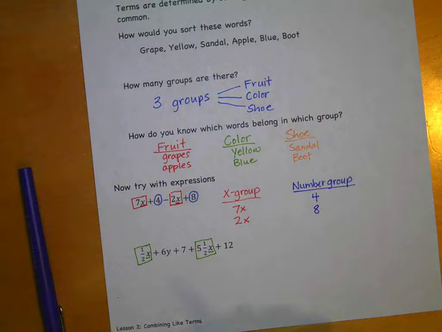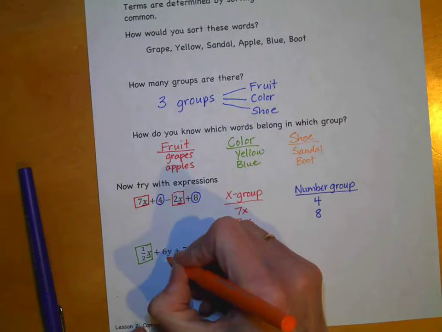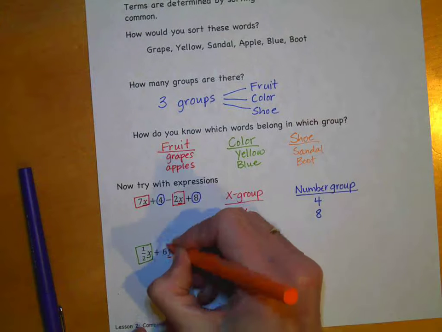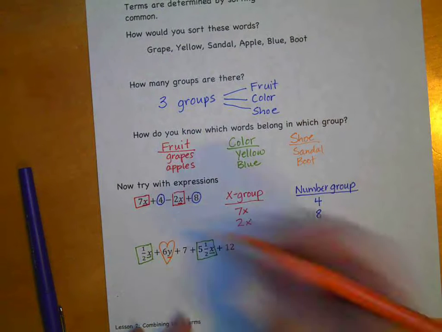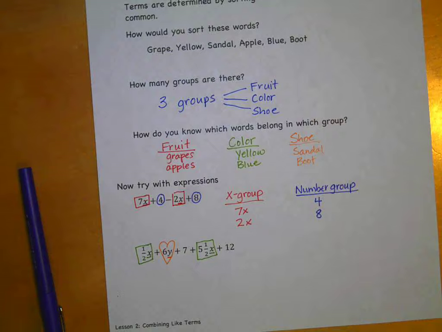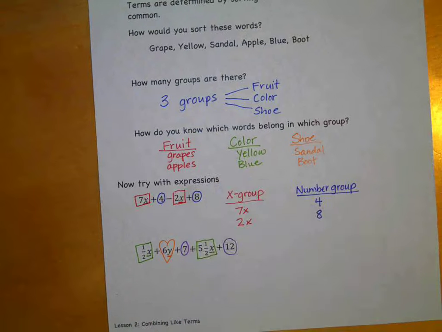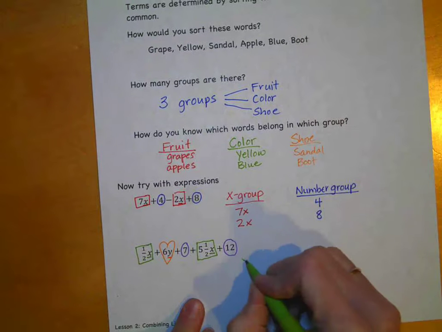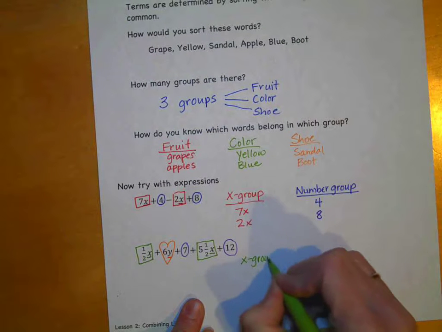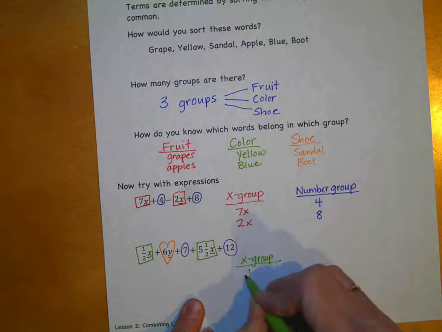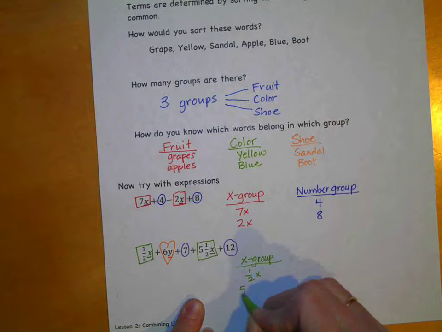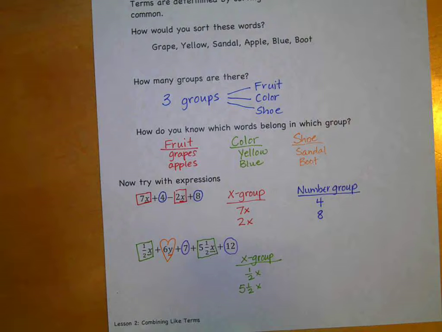Then this is the y group, but there's only one, so I make that one a heart because it's all by itself. And these are the circles because they don't have any variables. So again, I have 3 different groups this time. In my x group, I have 1/2 x and 5.5 x.